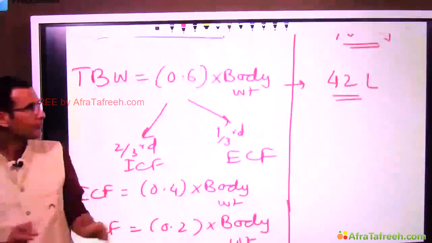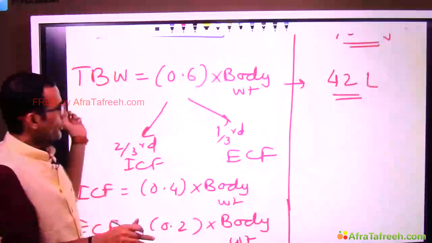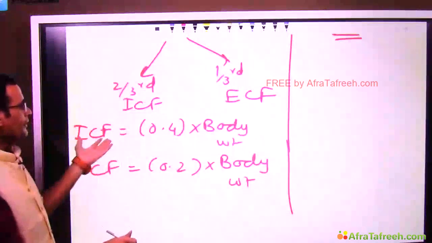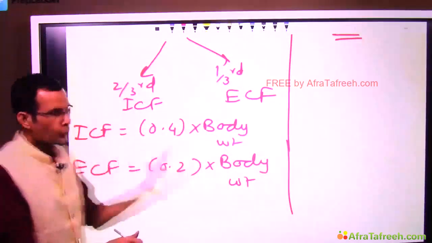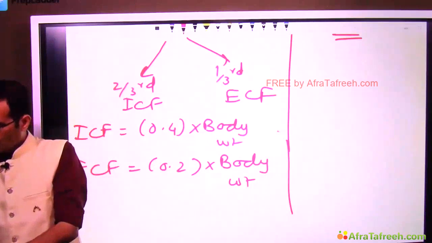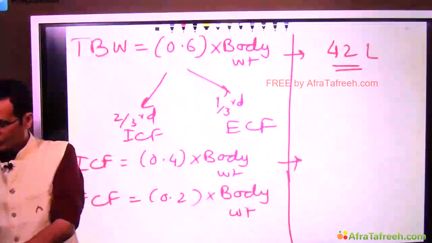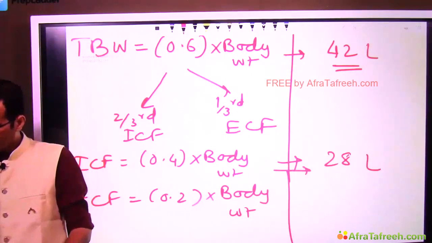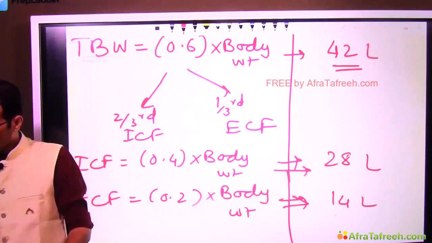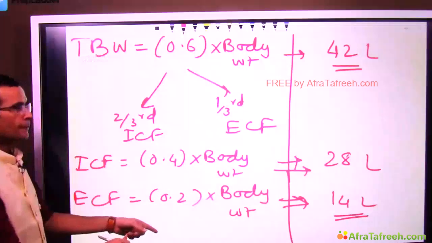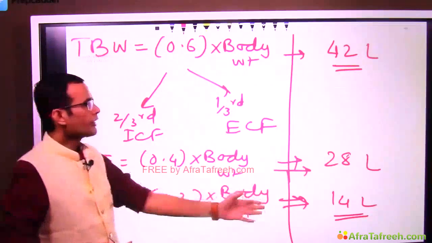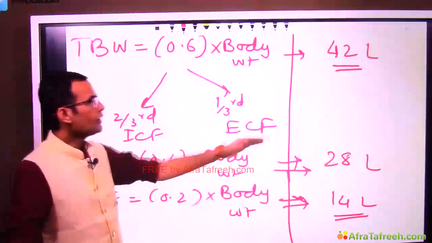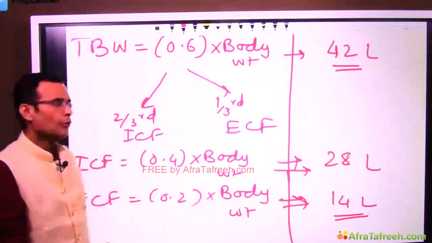Right? 0.6 into body weight is the total body water, and 2/3 is ICF, 1/3 is ECF. Therefore, ICF is 0.4 into body weight, ECF is 0.2 into body weight. And so, out of these 42 liters, of course, 28 liters would be intracellular fluid and 14 liters would be the extracellular fluid. Clear? 14, 28, 42. Just remember these figures. 14, 28 and 42 is the total body water.